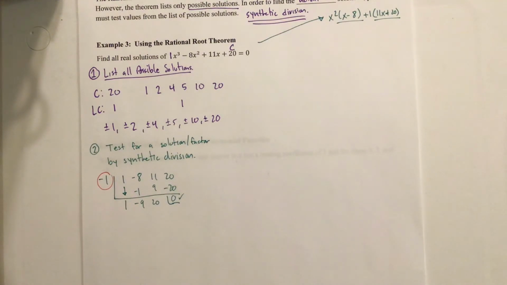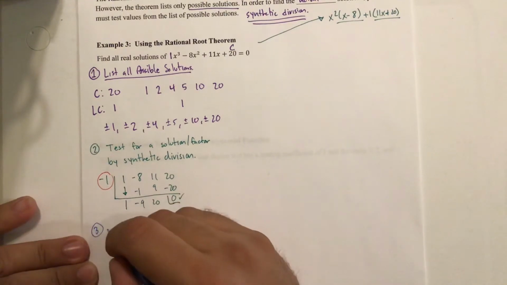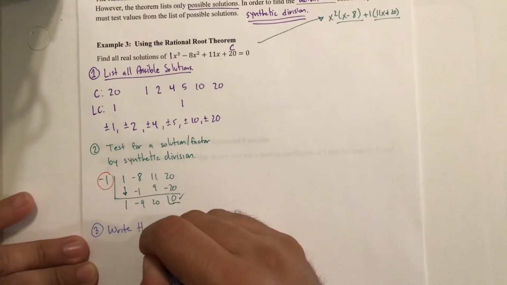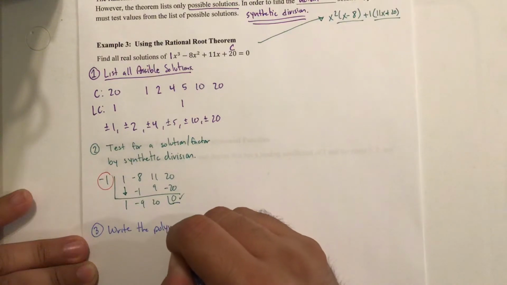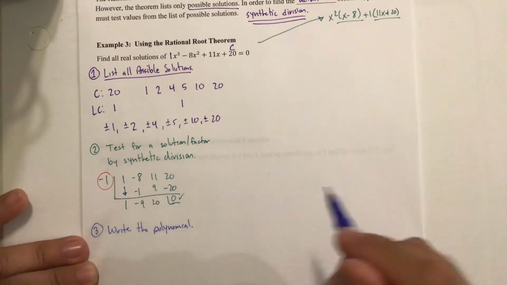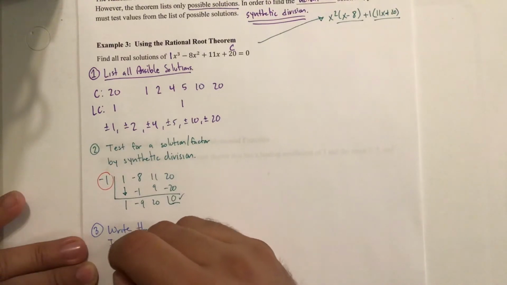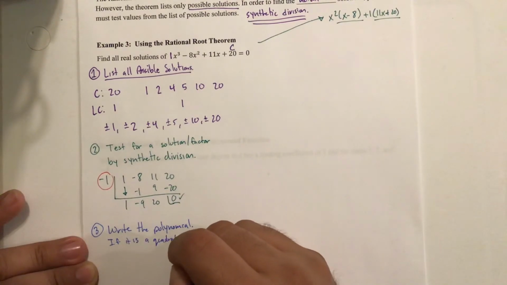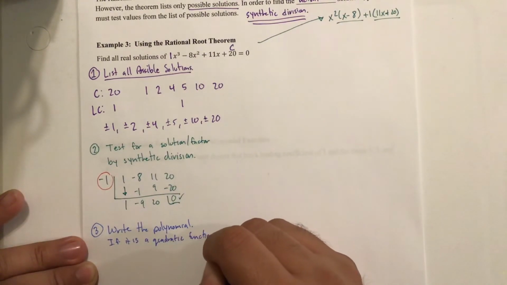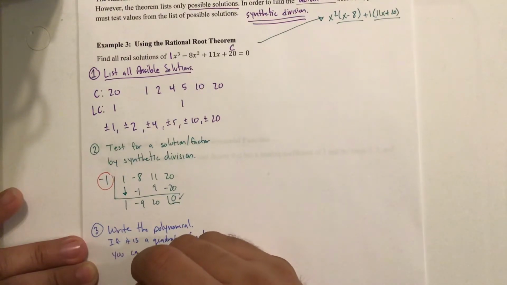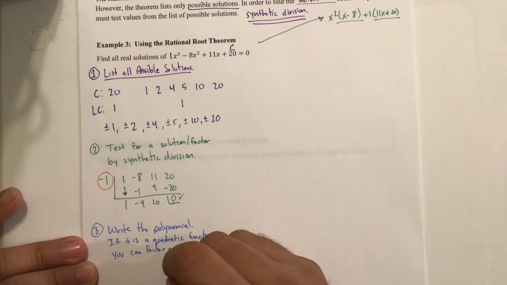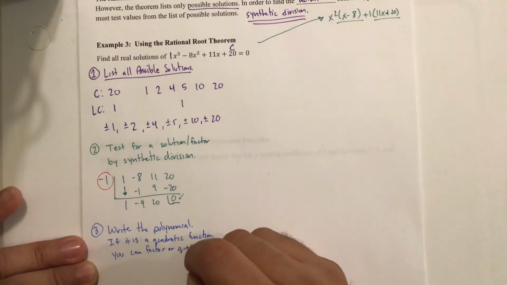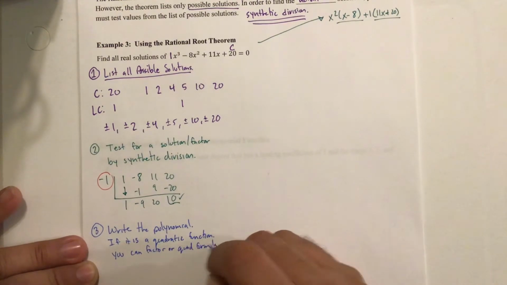All right, so I have a next step. We are going to write the polynomial. If it is a quadratic function, you can factor or use the quadratic formula to solve.